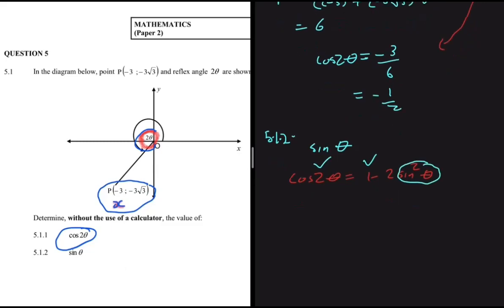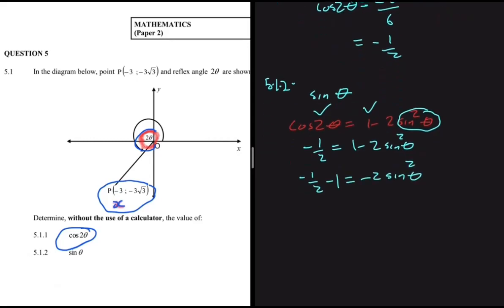So for cos of 2 theta, we're going to have minus a half being equal to 1 minus 2 sine of theta squared, right? So now we're just solving for sine of theta squared. So if we do that, we're going to get minus a half minus 1 is equal to minus 2 sine of theta squared.